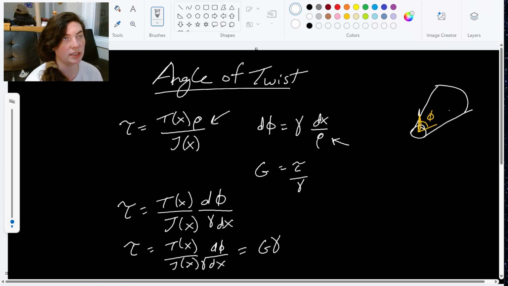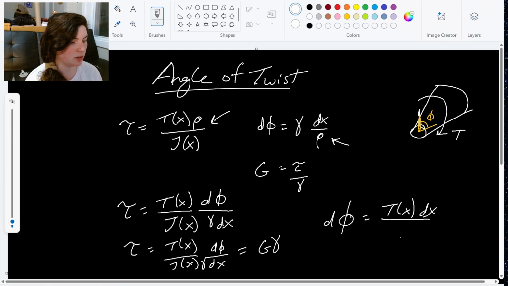This angle of twist here, that's represented by this torque, this rotational movement, means that it had some initial position and is now twisted by whatever degrees it is, or I guess whatever radians it is. I can rearrange, solve this. I get d theta is T of x dx over J of x G of x, I guess, if it was a changing modulus of elasticity.